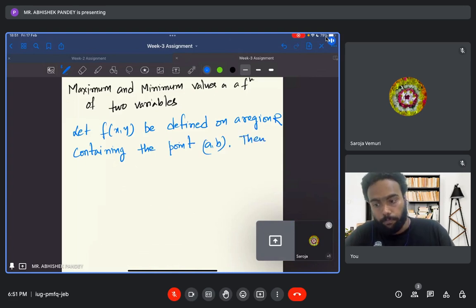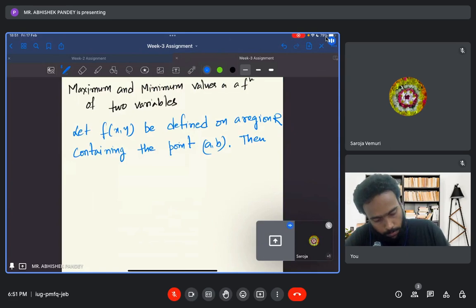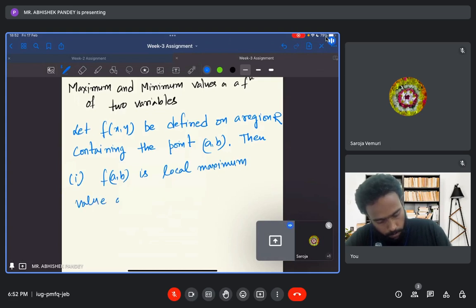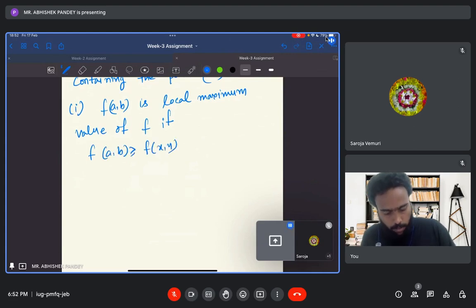Then f of A comma B is a local maximum value of f if f of A comma B is greater than or equal to f of x comma y for all x, y.